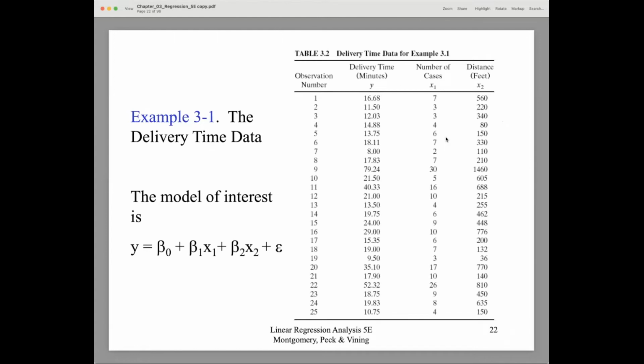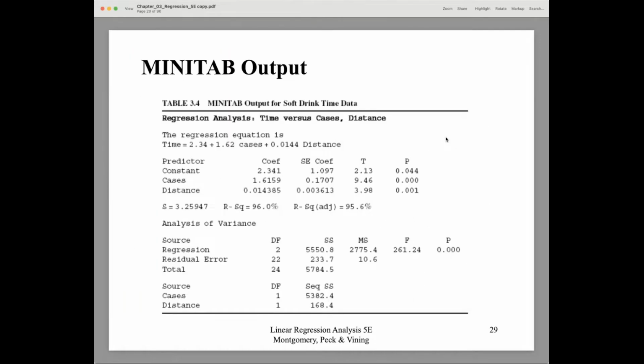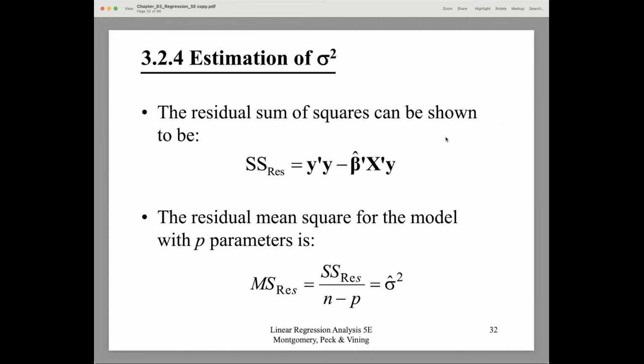But again, that does simplify to the formula that they give in this section, right here. So we're going to calculate it both ways, just to verify that we get the same exact value regardless of which of those two formulas we use. So this gives us the sum of squares residual, or the sum of squares error.